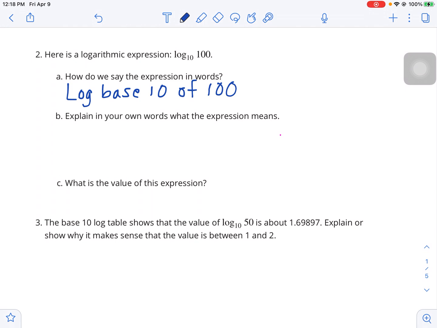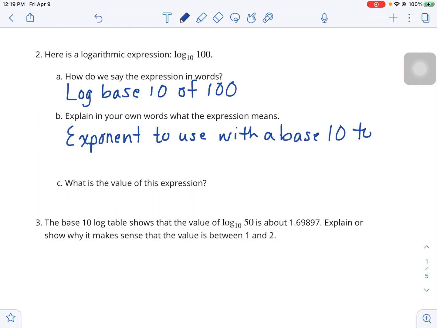And so this is the exponent to use with 10, or a base of 10, to get 100. So our logarithms are always exponents.